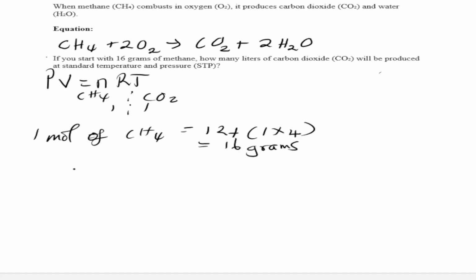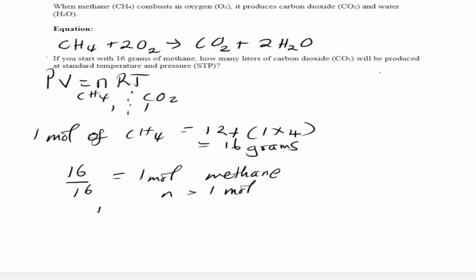If it was different, we would put 16 over the molar mass, then you can find the number of moles, but now it's 16 over 16, which is equal to 1. All right, so it's 1 mole of methane. So now we know our n is equal to 1 mole, right?